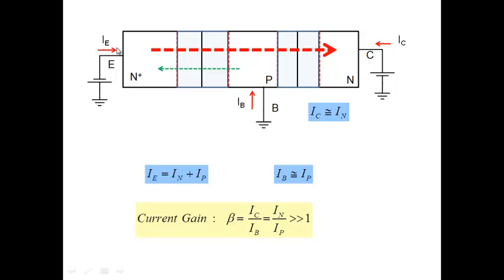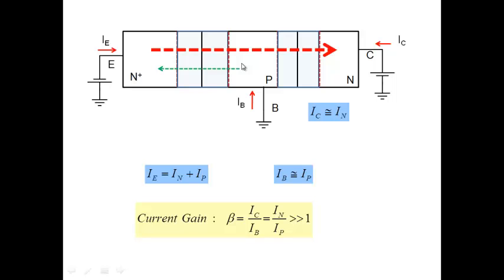IC and IE would be IN divided by IN plus IP and would be very close to 1. Because IP is so small, the ratio of the collector current to the emitter current will be practically close to unity. So IC is almost equal to IE. Base current is of course much smaller.